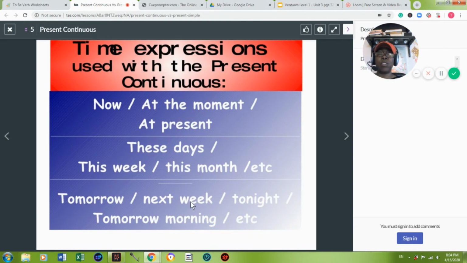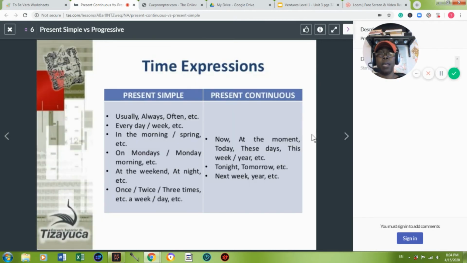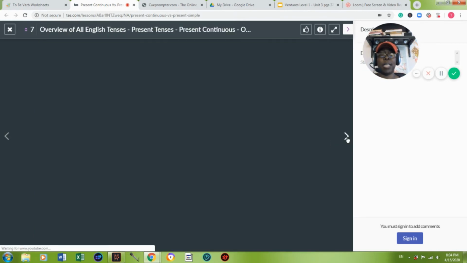So these are all future expressions. When you start out with a future expression, you can then follow that with a present continuous sentence. Okay, so this is the same thing that just tells us the present continuous sentence.